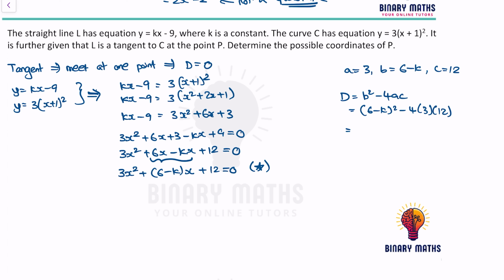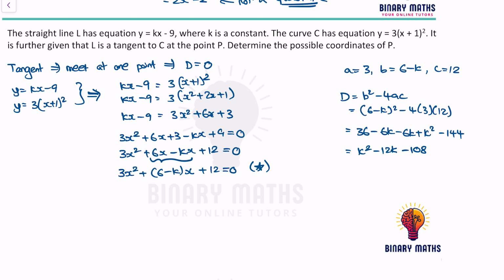If I expand that, I get 36 take away 6k take away 6k plus k squared. 4 times 3 times 12 gives me negative 144. Take away 144. And if I simplify this, I get k squared take away 12k minus 108.